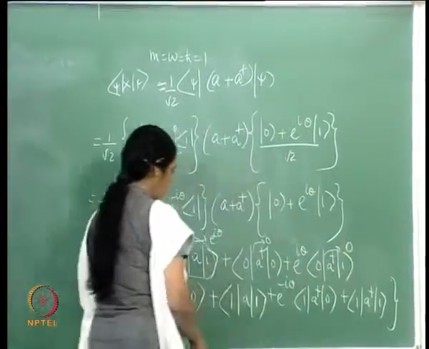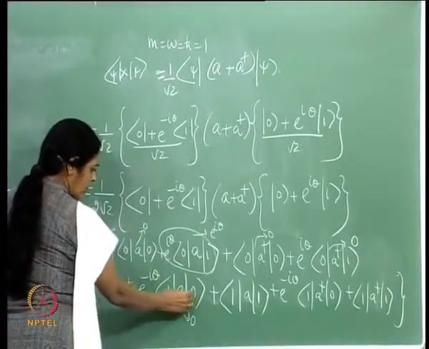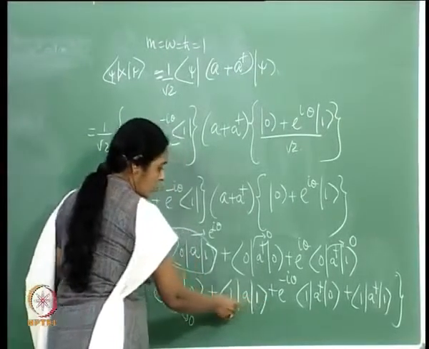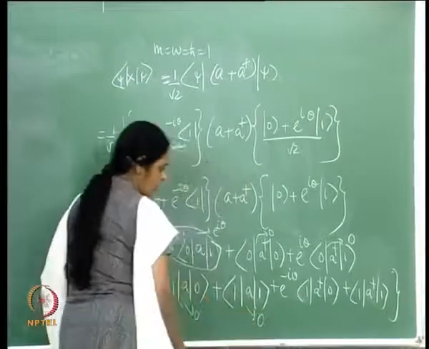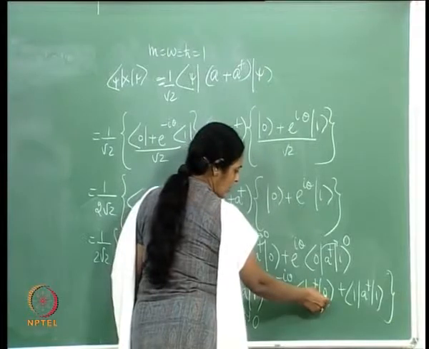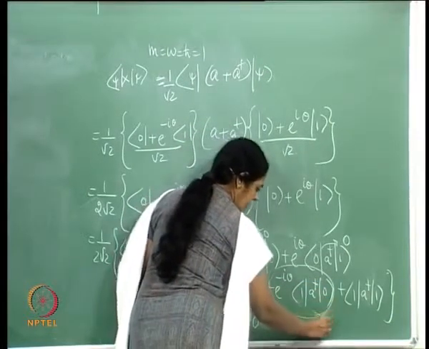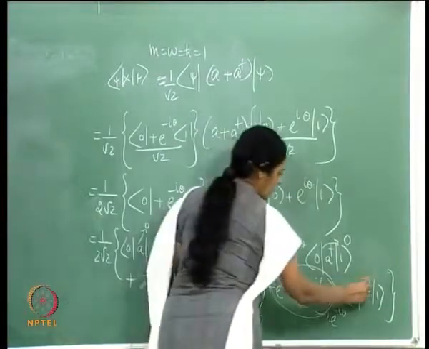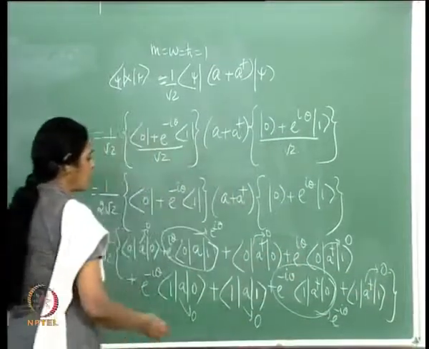So, this is also 0. This annihilates the vacuum or the ground state and therefore, it is 0. This brings it down to the ground state and because ket 1 and ket 0 are orthogonal, this is 0. This contributes because a dagger on ket 0 is root 1 ket 1. So, this whole term is simply e to the minus i theta. This is 0 because this takes it to ket 2 and ket 1 and ket 2 are orthogonal to each other.